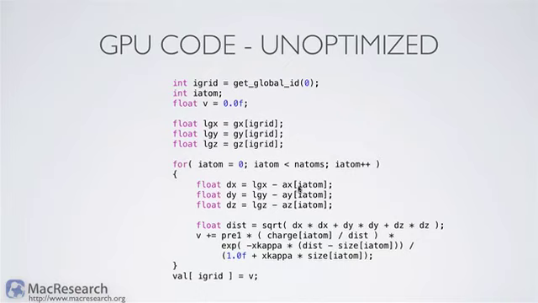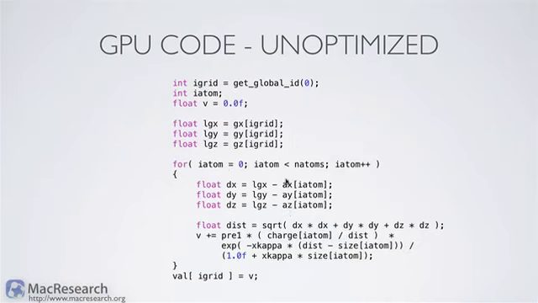So every thread is going to have to read in the values for AX, AY, AZ. Now, they probably won't all read them in. The hardware would probably detect that they're reading in the same value, do the load once, and then they'll share it among themselves.